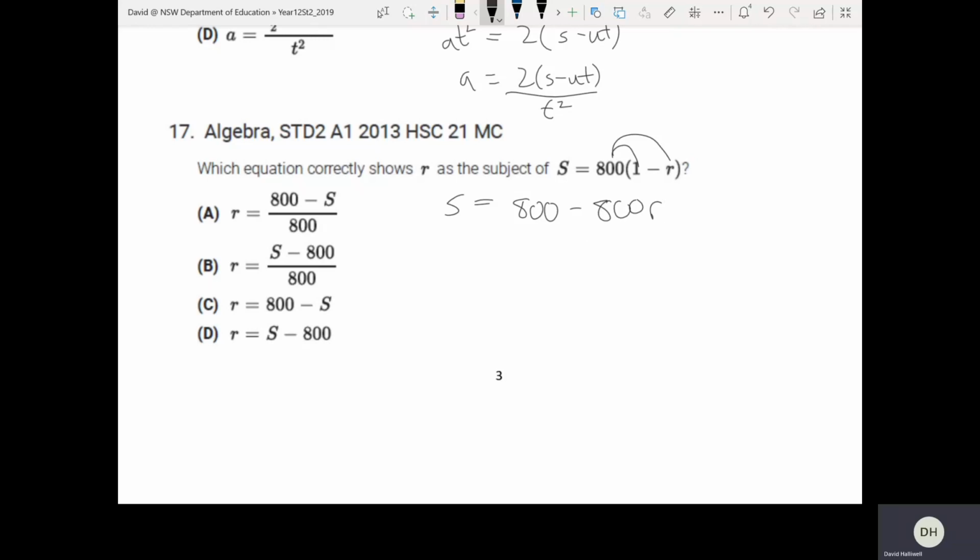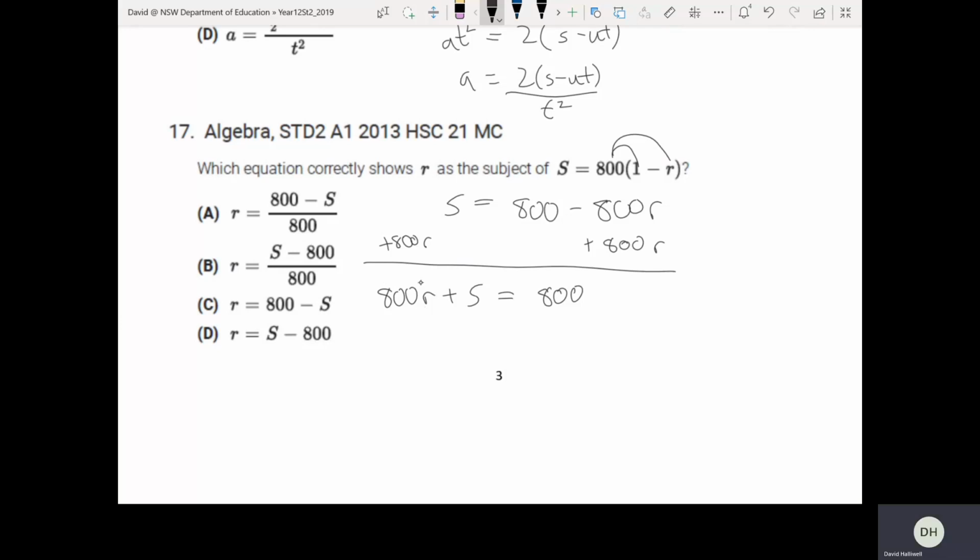So what I might do is I actually might plus 800R to both sides straight away. Okay. So what that does, I'd have 800R plus S equals 800. It's kind of nice. R's now on the left side, so I don't need to switch sides.